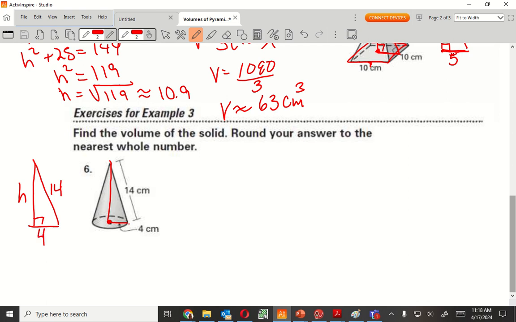So I plug that into my Pythagorean theorem, which is h squared plus 4 squared equals 14 squared.